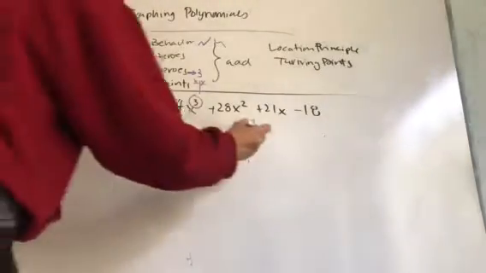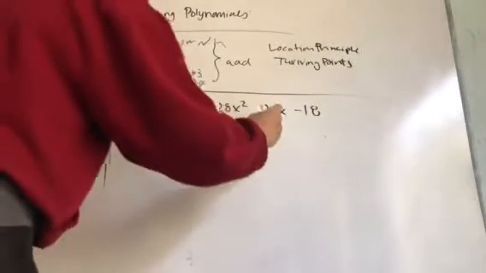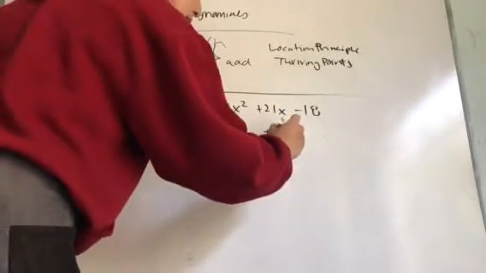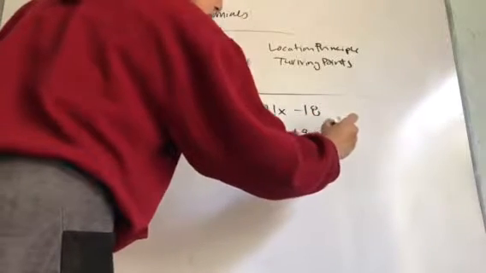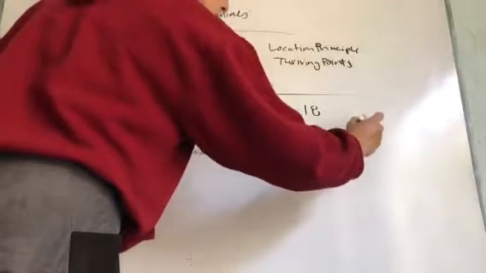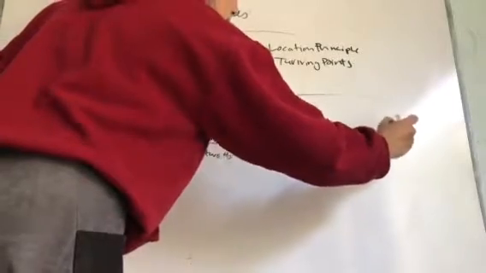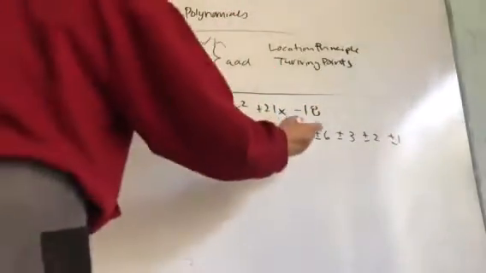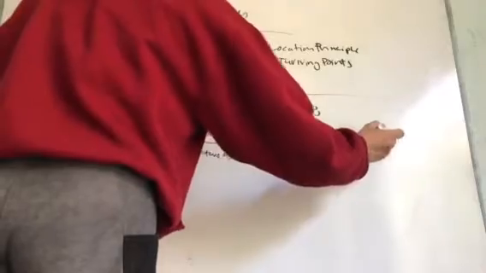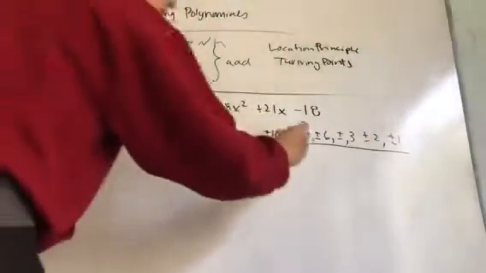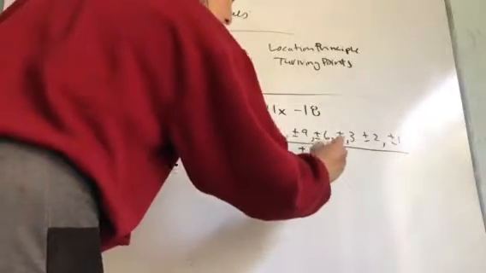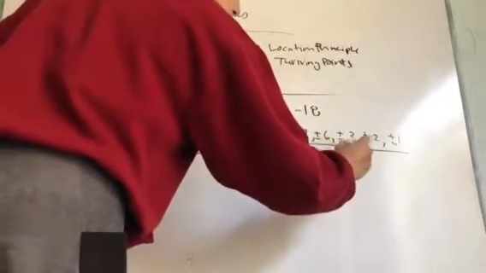So the factors of negative 18 are plus or minus 18, plus or minus 9, plus or minus 6, plus or minus 3, plus or minus 2, plus or minus 1. You have all of these different combinations, divided by plus or minus 4, plus or minus 2, and plus or minus 1.